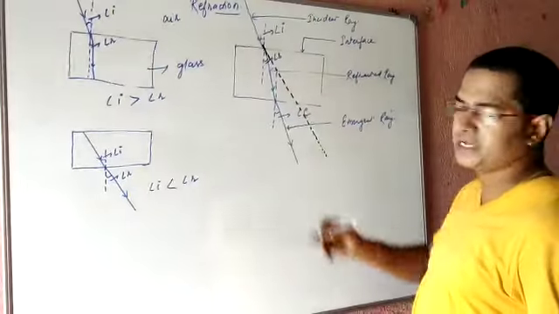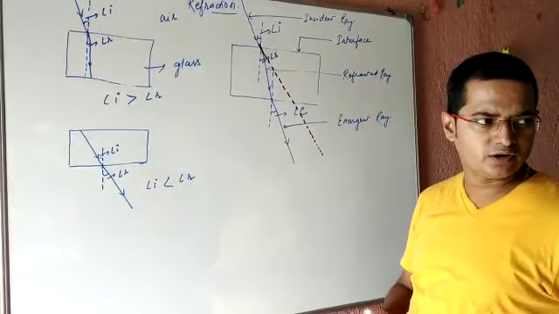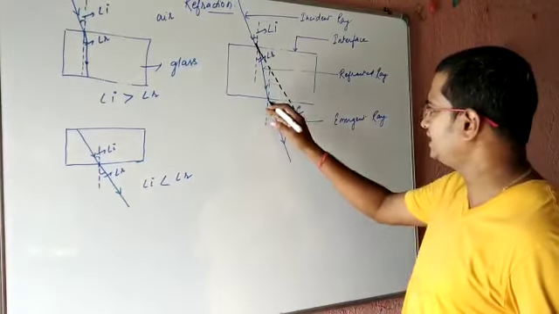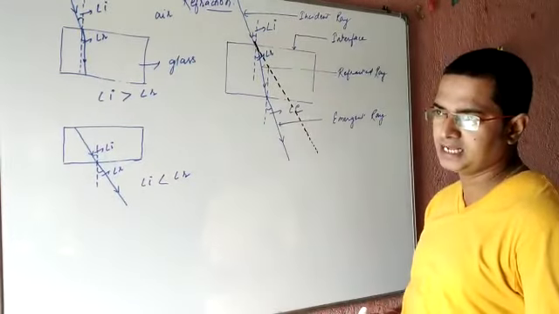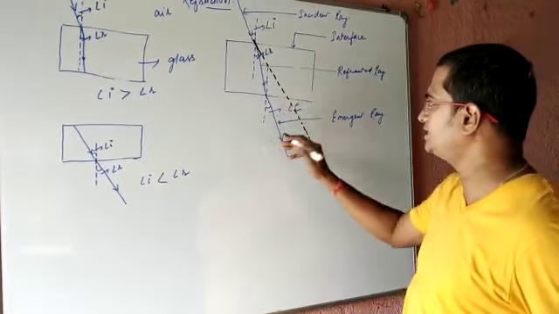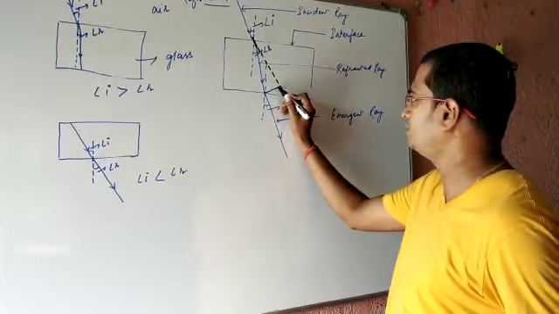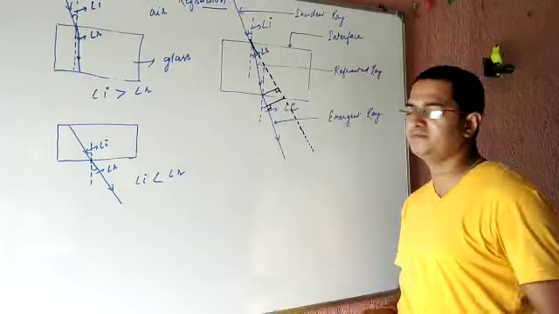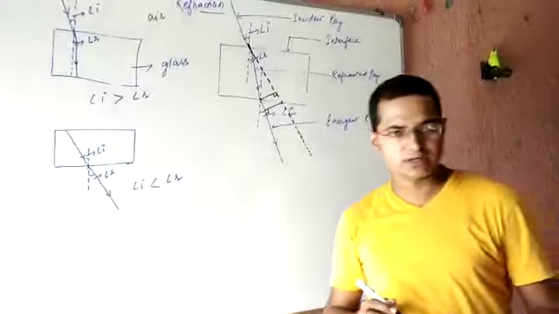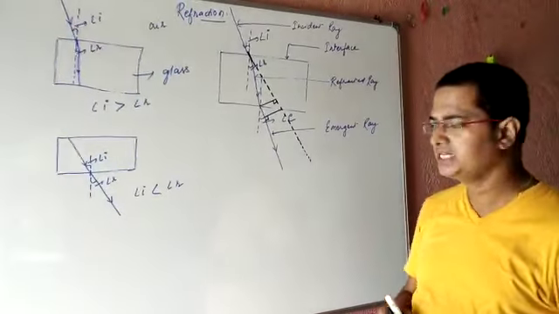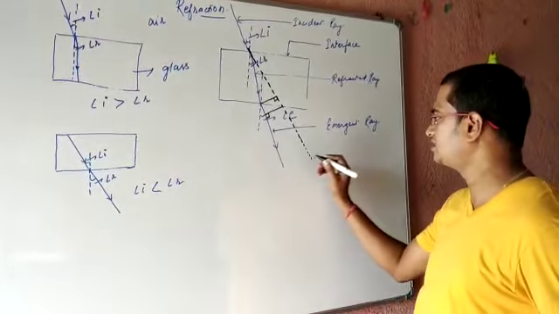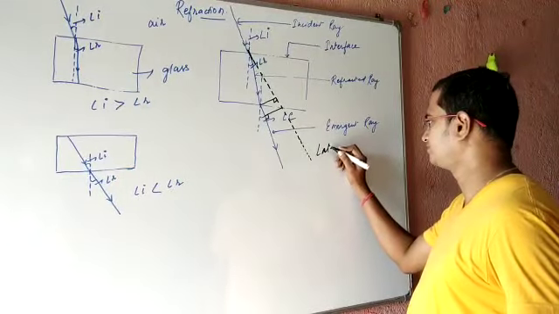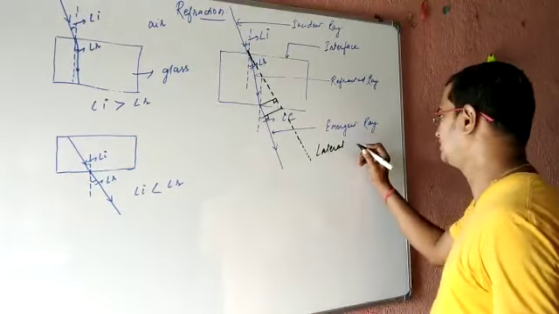If you compare, because of the phenomena of refraction, there is a shifting in the path or bending, and this bending is nothing but perpendicular shift. Perpendicular shift in the path of incident ray because of the phenomena of refraction is known as lateral shift.